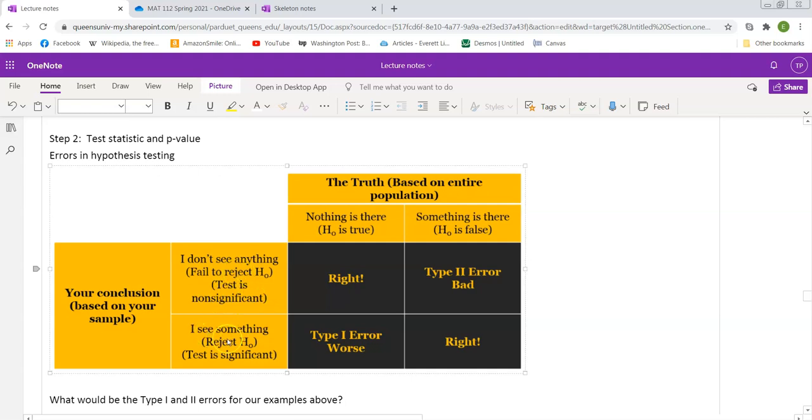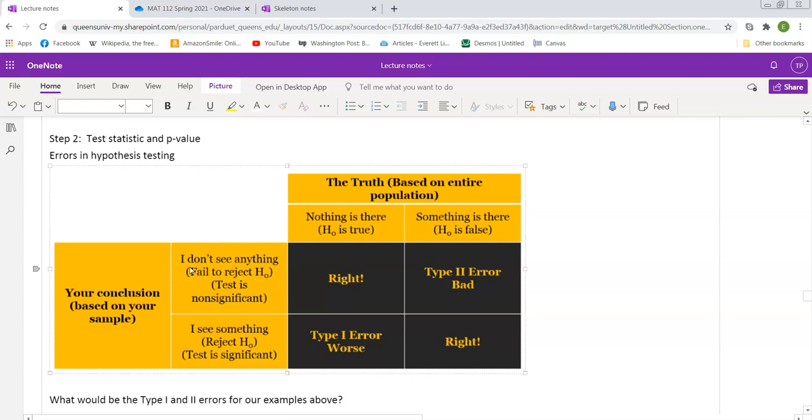And so the hypothesis test is really telling us, if you reject H0, it looks like there's something going on. Whatever it is you're looking for in the data, it looks like you see it. Okay, the test reveals it. And when you fail to reject H0, it means that the test doesn't detect it.